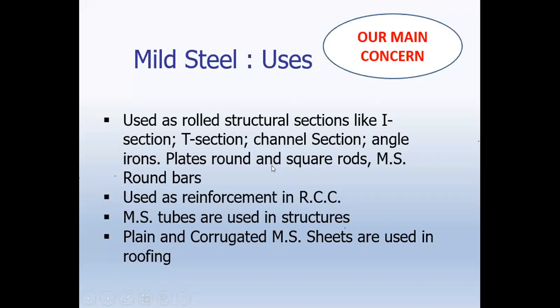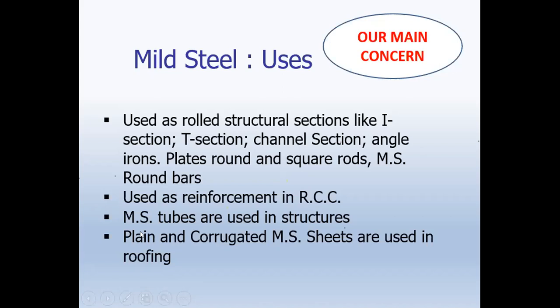We have the round and square rods, as well as the normal mild steel round bars. Again, we also have the reinforcing bars, the ones that are used in normal reinforced concrete structures, as well as the pre-stressed concrete. But also, we have the tubes, the mild steel tubes, or hollow sections, the sections that contain holes, like pipes.